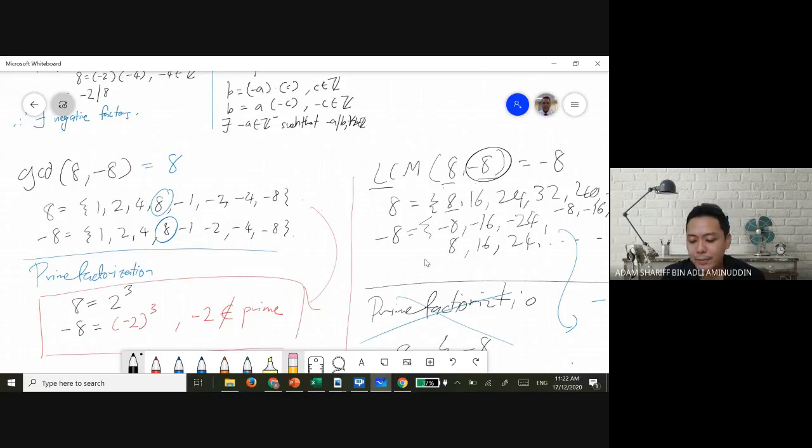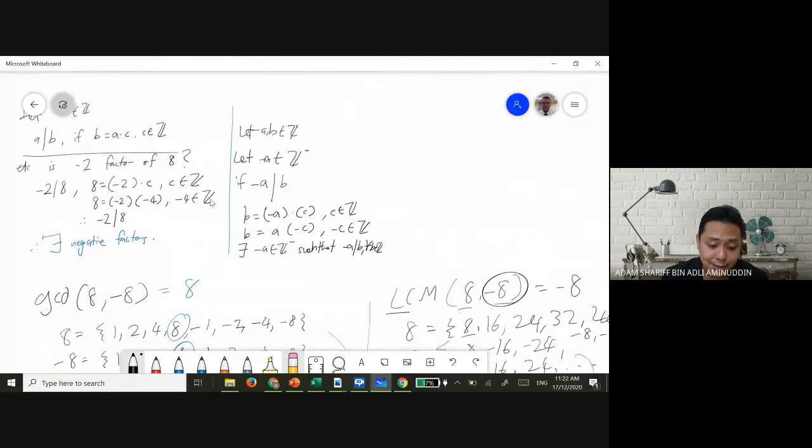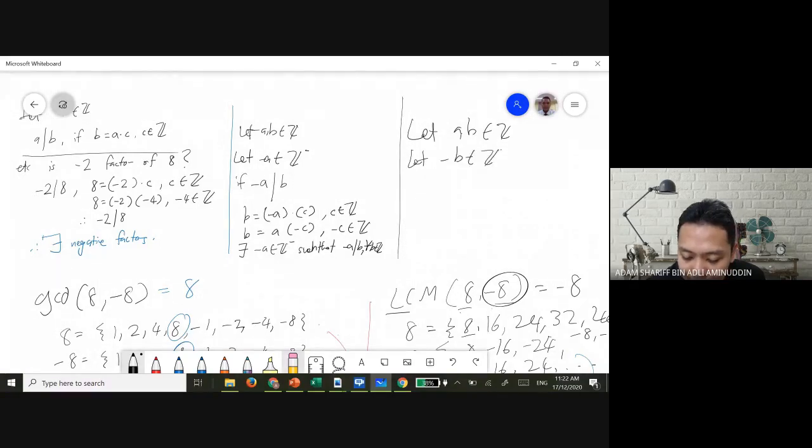It can be found, but we must establish the fact that there exists a negative factor, yang mana saya sudah prove kat atas ni. Kalau kita ambil negative multiple pun, let A be an integer. I want to prove that B is a negative integer.